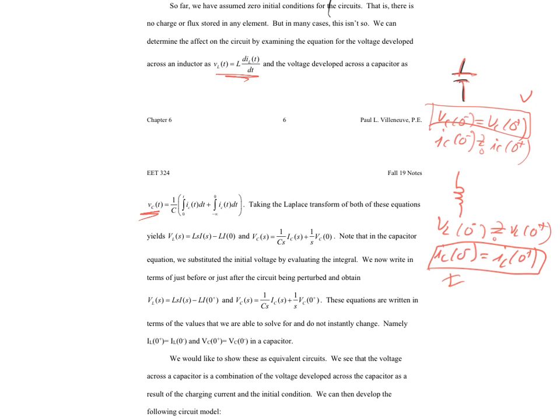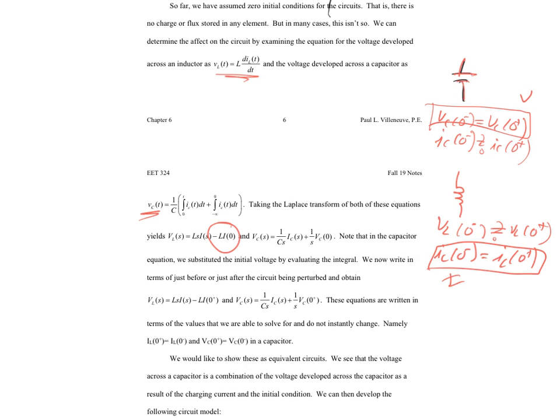But what we didn't necessarily include, or we've kind of dropped off a little bit, was the fact that we had to subtract the initial condition. So if we want to model the initial condition, all we have to do is not neglect its value. If you have an initial charge state on your inductor, all you have to do is show what the current source is, multiply it by L, and then it gets subtracted.